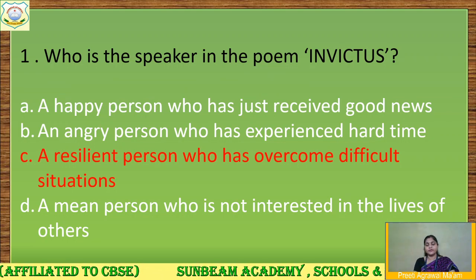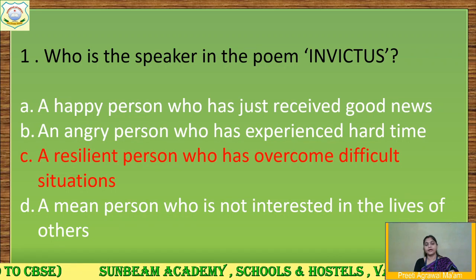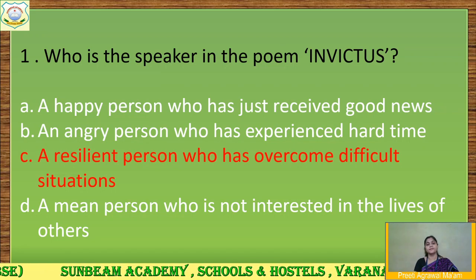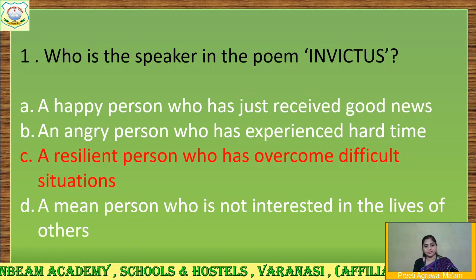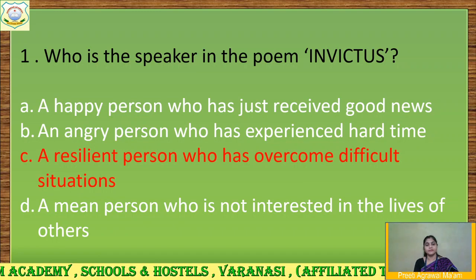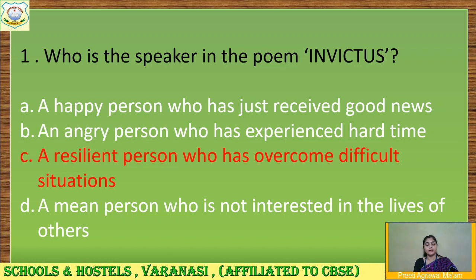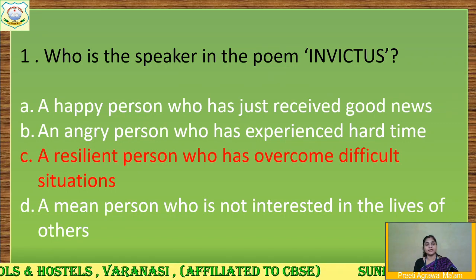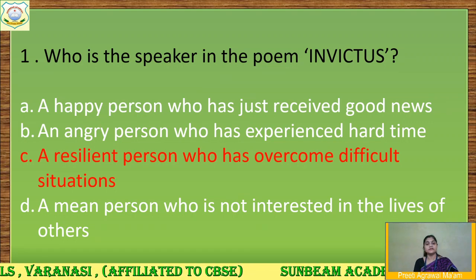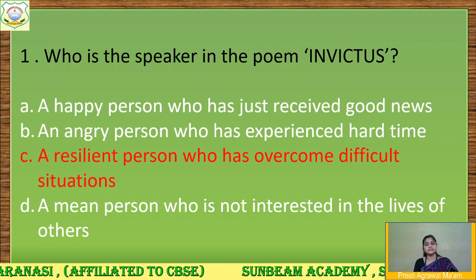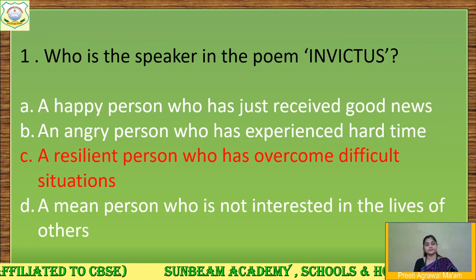You all have read the poem and you all know who the speaker in the poem is: a resilient person who has overcome a difficult situation. A happy person is not there. An angry person? Of course, the poet is angry, but the poet is not expressing his anger because he wants to show his willpower to face the challenge, and that's why option B will also be incorrect.